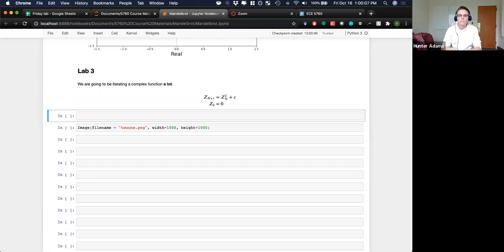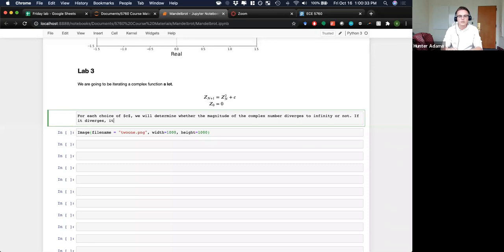So for each choice of c, we will determine whether the magnitude of the complex number diverges to infinity or not. If it diverges, it is by definition outside the Mandelbrot set. If not, it is inside.